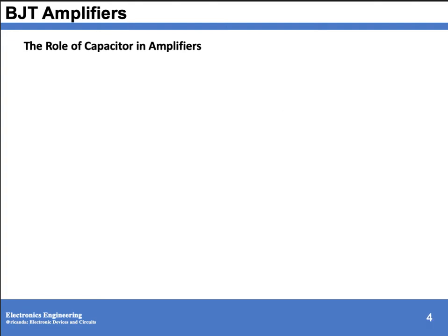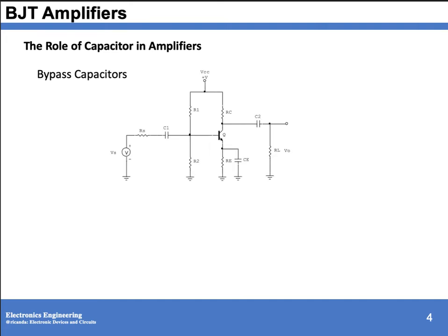Bypass capacitors perform functionally in the same manner as coupling capacitors, but they are used for a different reason. Bypass capacitors are connected across the emitter resistor of an amplifier to keep the resistor from affecting the DC operation of the circuit. As we can see, your amplifier is only those circuits after your C1 and before your C2.